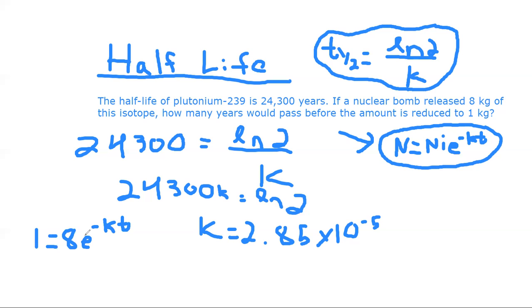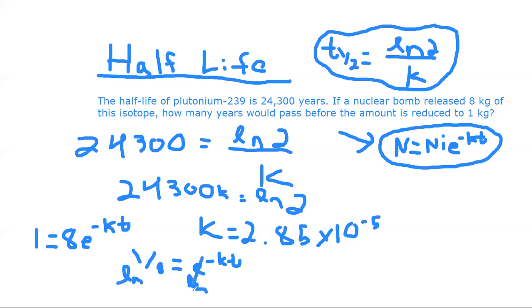So first we can divide both sides by 8, which will give us 1/8 equals e to the negative kt. And now we need to get rid of the e by doing a natural log of both sides.